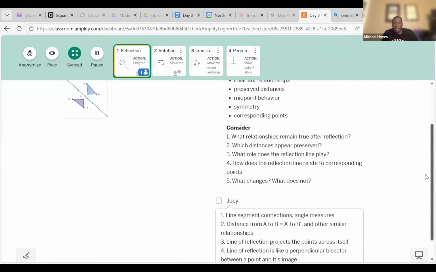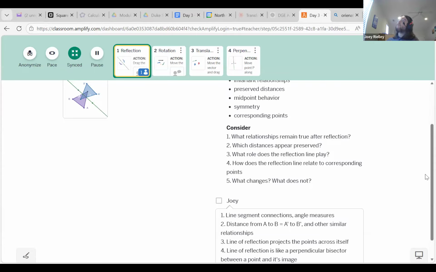As it relates to distances, or what stays the same, did you happen to drag any of your points to be directly on the line of reflection? You can also drag them past it, and they just carry on through it. What about where its image is when the pre-image is on the line?